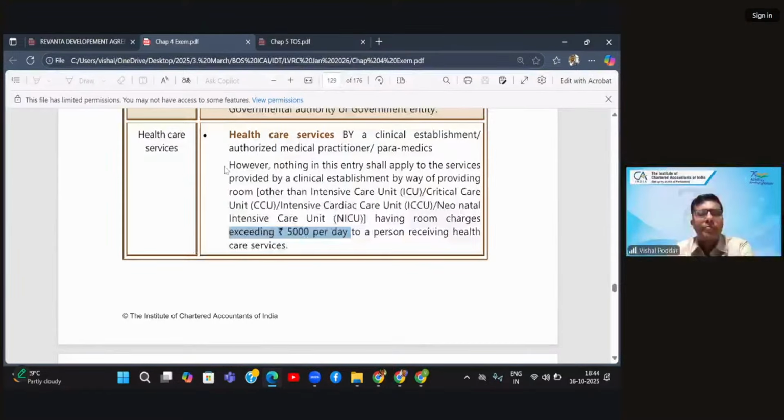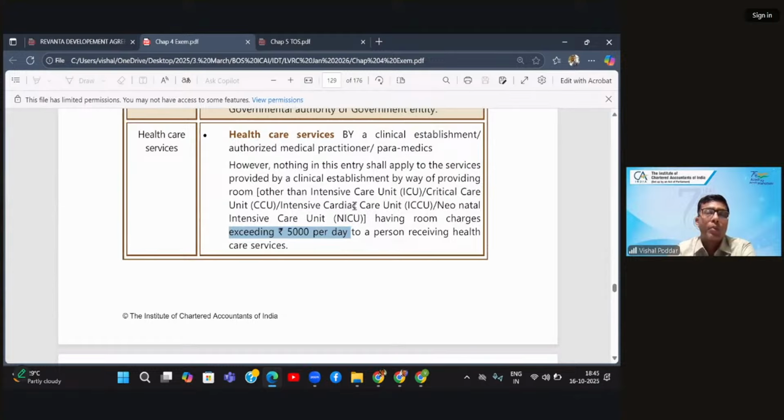Again, in that, there is a carve out where the room charges exceed 5,000, which I just said will be taxable. However, there is an exception which says that if you are admitted to any of these types of rooms like ICU, CCU, ICCU, and ICU, then the charges are anyway very high because that much care is taken.